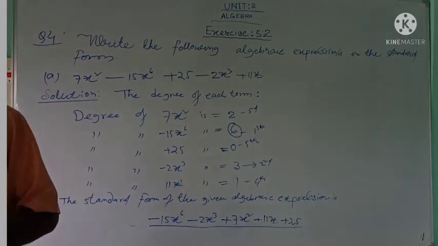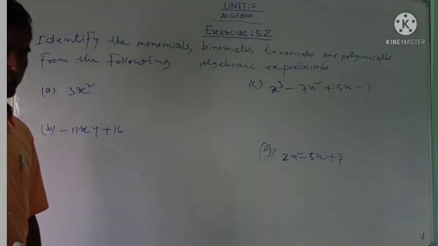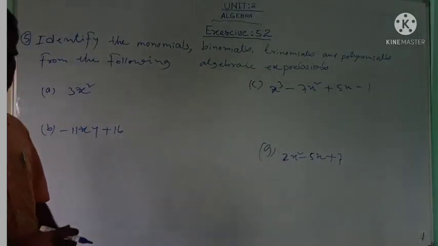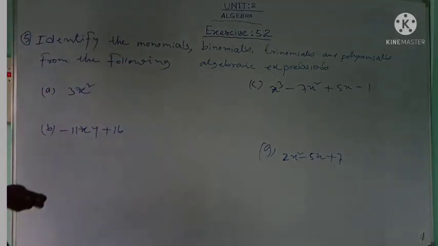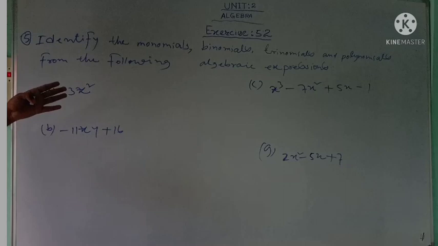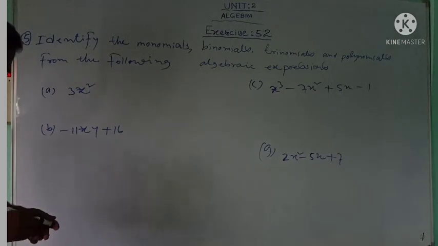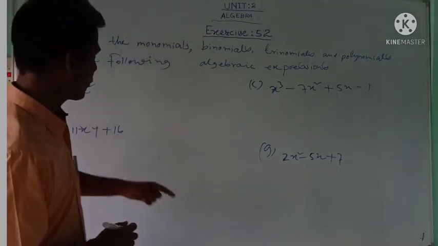Alright. Well children, now let us proceed to question number 5. This is also a very simple question. Identify the monomials, binomials, trinomials and polynomials from the following algebraic expressions.